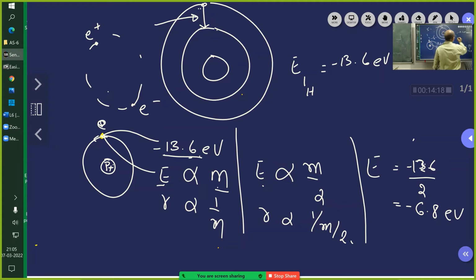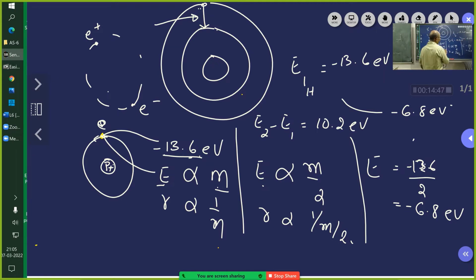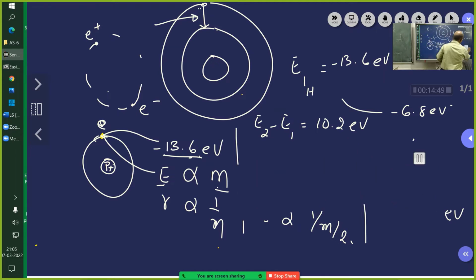And now, because in this positron system, this is becoming minus 6.8 electron volts. What was E2 minus E1 for hydrogen? It was 10.2 electron volts. So what is it going to become?